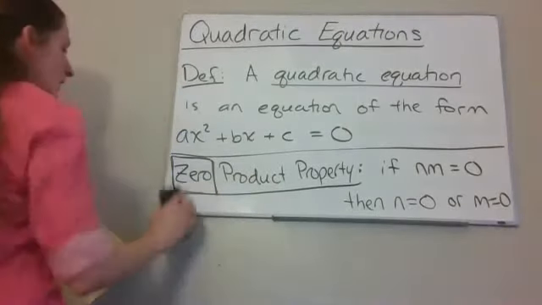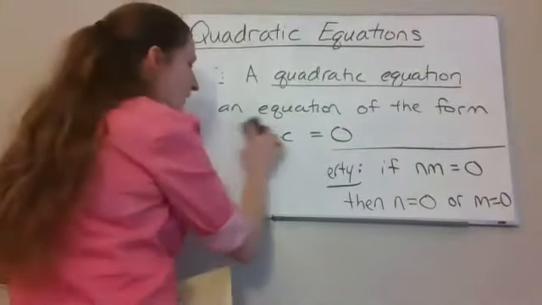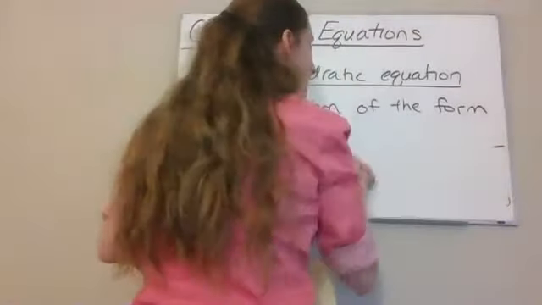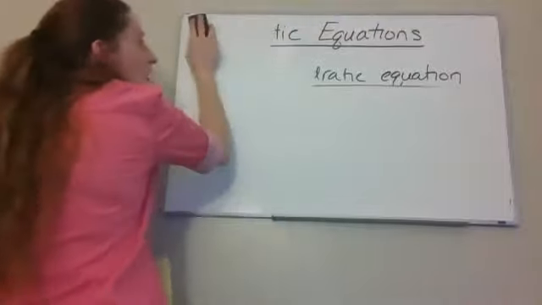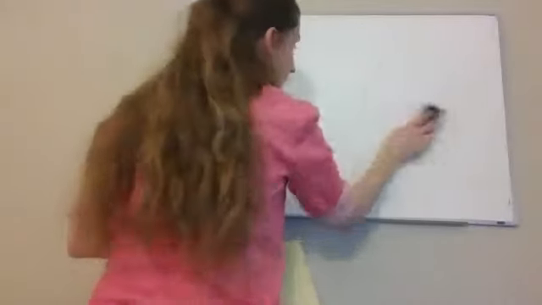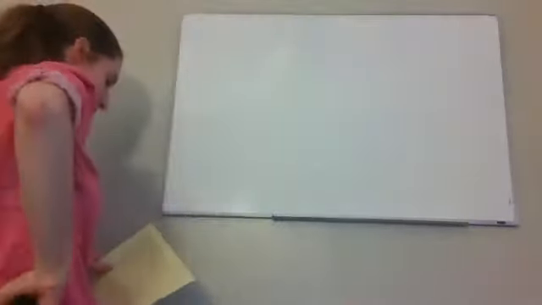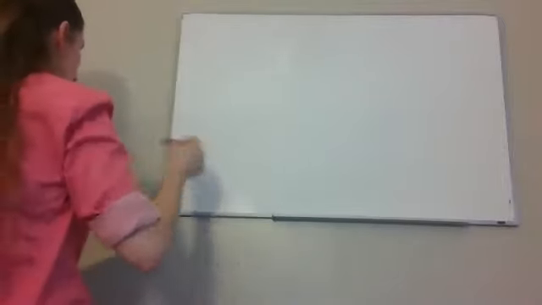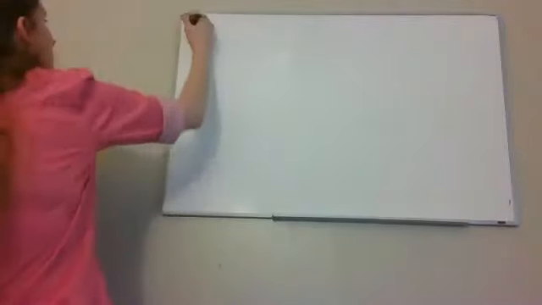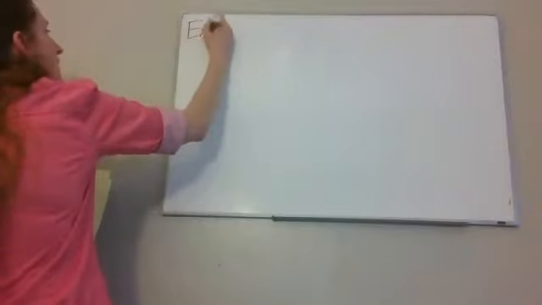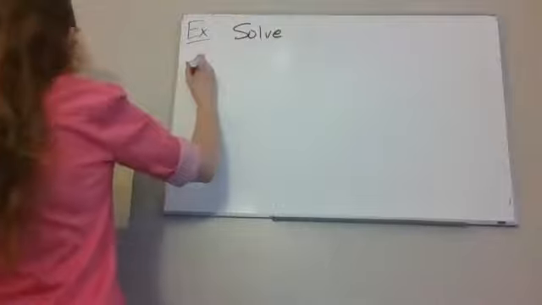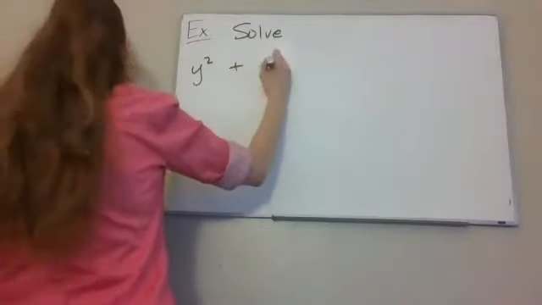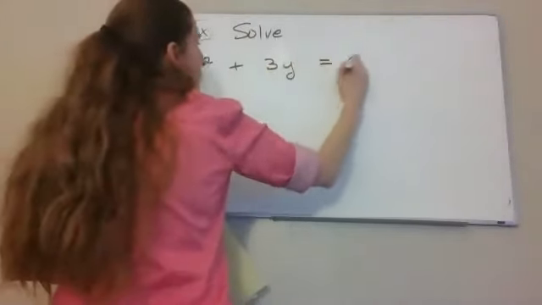So let's start solving some quadratic equations using this property. When you're using this property to solve a quadratic, you generally are going to use factoring to figure out your answers to the quadratic equation. So for example, let's solve y squared plus 3y equals 0.